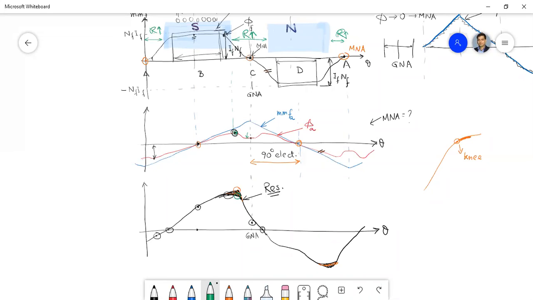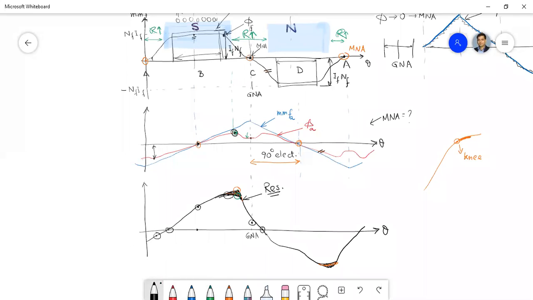Now, if we want to explain that analytically, or graphically, when we are adding these two, we are getting this orange point. But when practically we are measuring the flux value, we are not getting this orange point, we are getting this green point. Why?